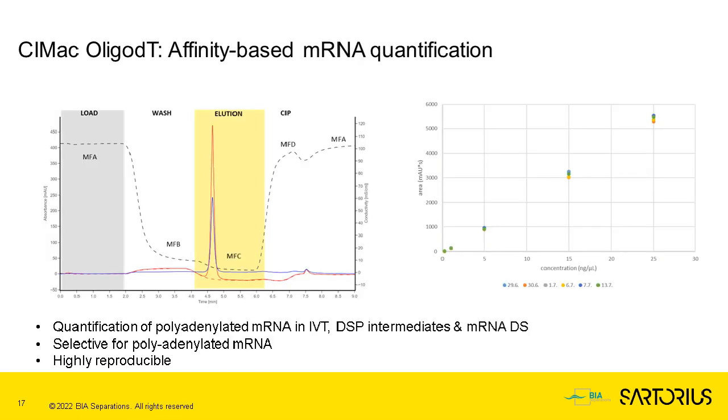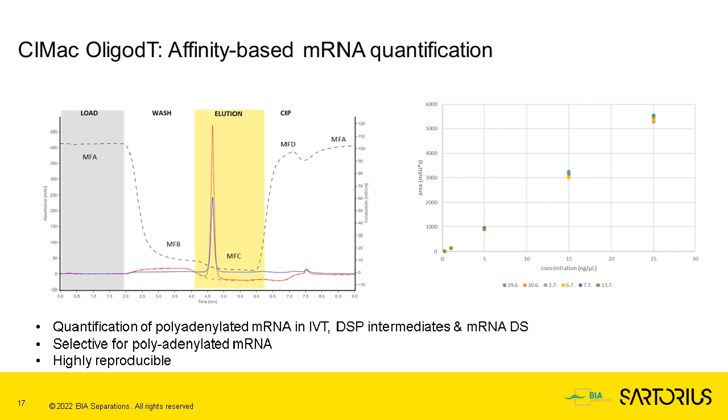So the first example of this is a very simple oligo-dT affinity analytical method. Perhaps some of you are familiar with the protein A analytical tool that's used for quantification of IgGs in the monoclonal antibody production processes. This is its brother or sister in the mRNA world. So if the mRNA in the IVT is polyadenylated, we can very quickly quantify the content of this mRNA in the IVT reaction mixture by binding it to the oligo-dT analytical column.